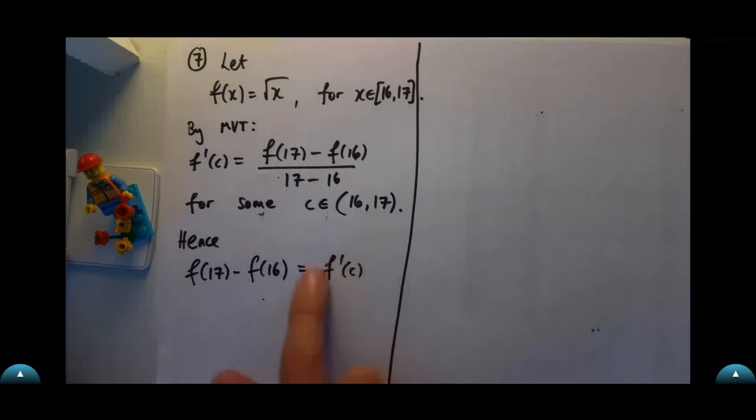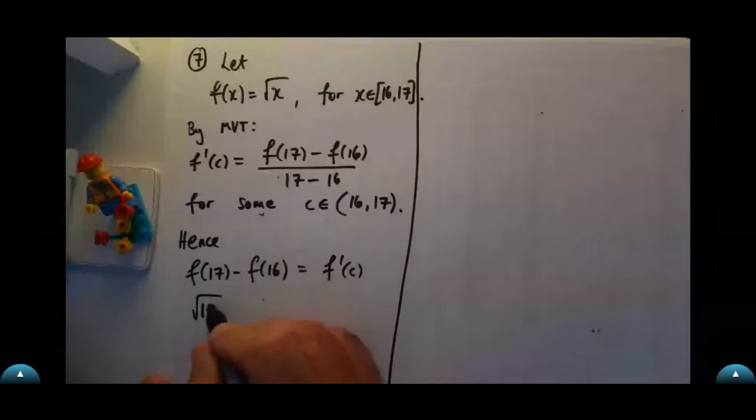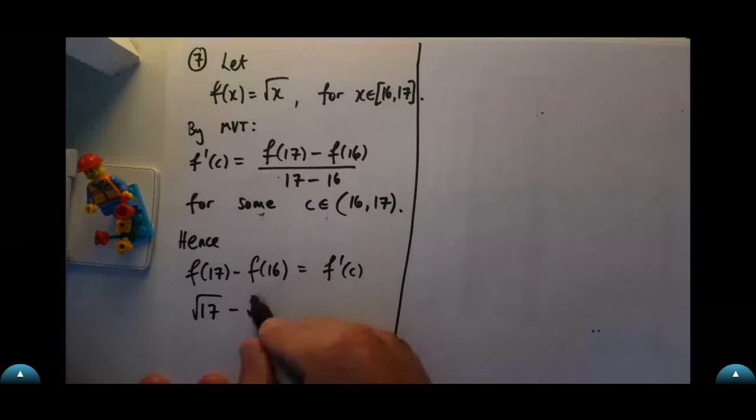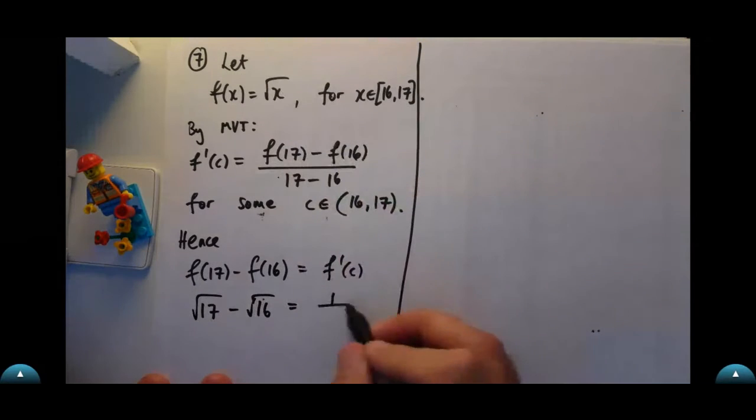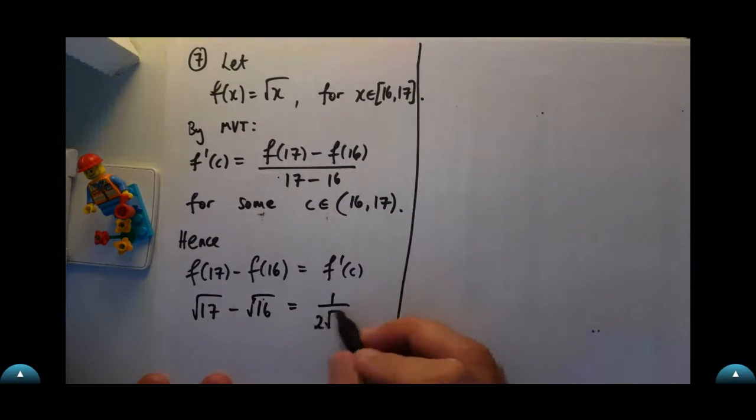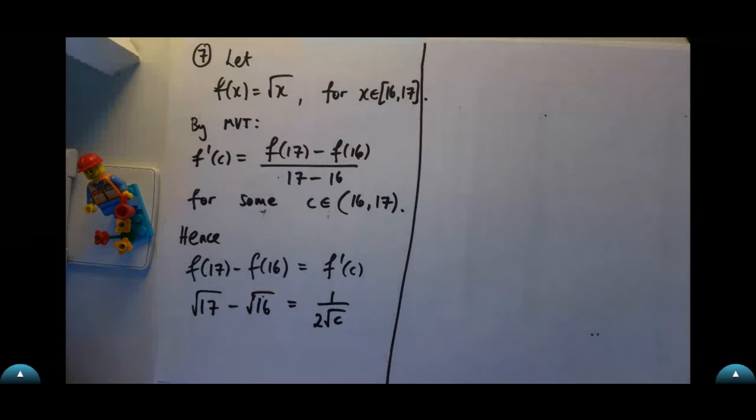It's all about getting an estimate on that, right? So root 17 minus root 16 is going to be, all right, let's differentiate this and put in x equals c. Okay, so the difference between that and that is all about this now.